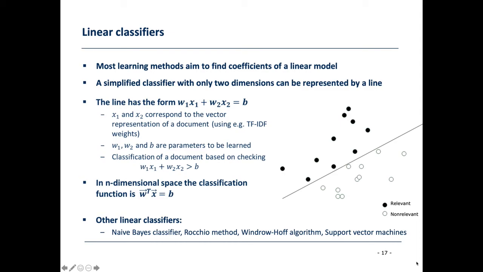So the task would be to convert all documents to their vector space models, feed those to some form of classifier. Let's imagine it's a neural network.